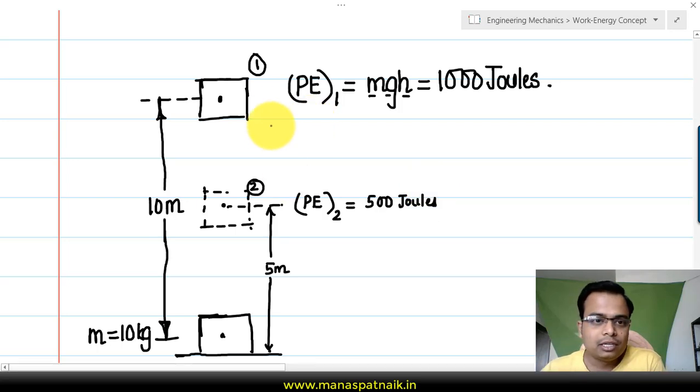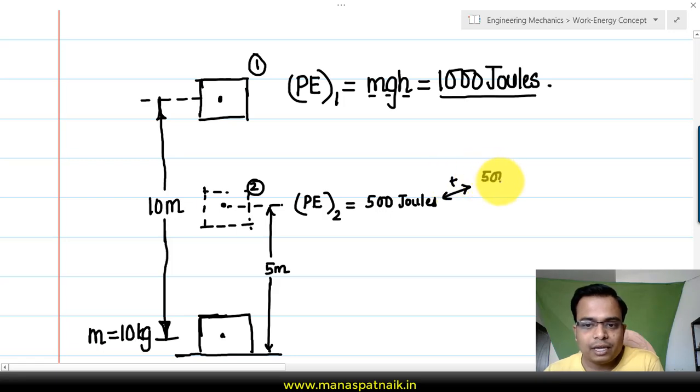You can clearly see that this particle over here had an energy of 1000 joules, but when it descends, somewhere at position 2 only 500 joules of energy is left. So my point is, where has the remaining 500 joules gone? Is it missing? No, it's not missing, man. I'll tell you what the answer is.